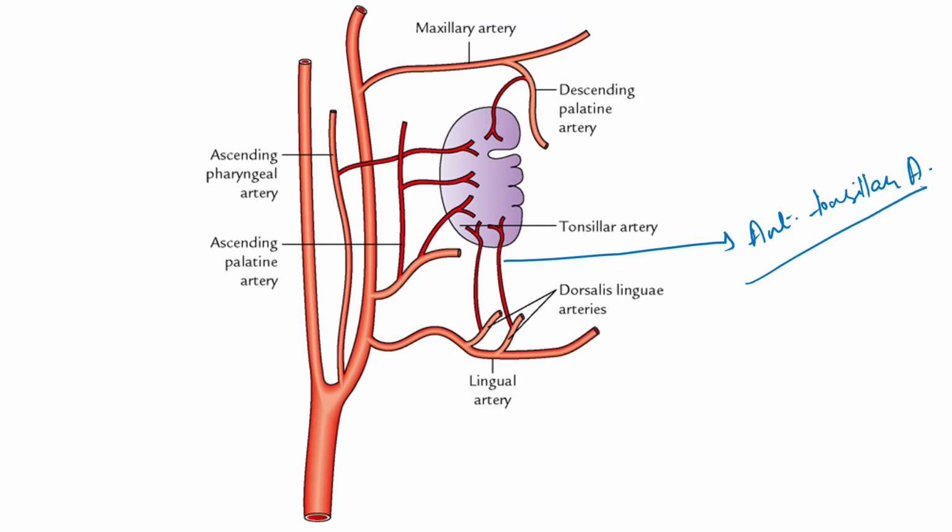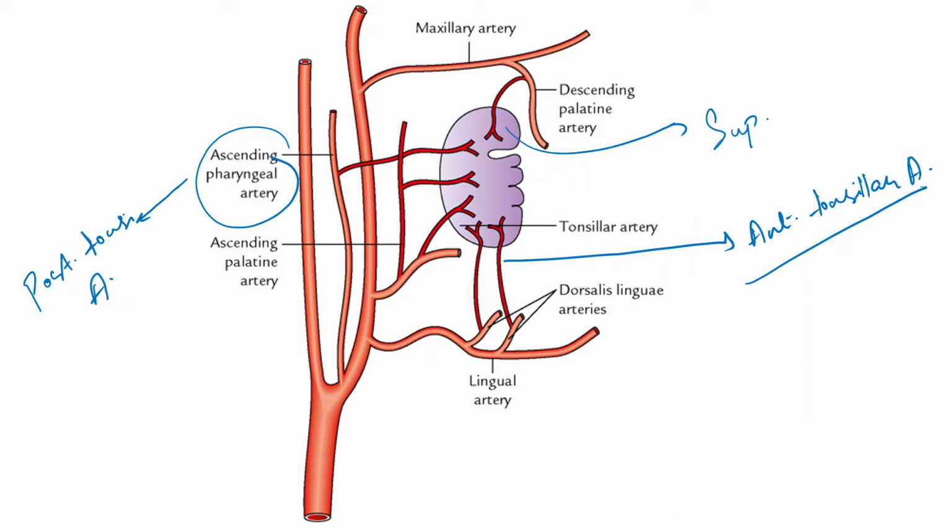The posterior tonsillar arteries come from the branches of the ascending pharyngeal artery, and there are superior and inferior tonsillar branches.